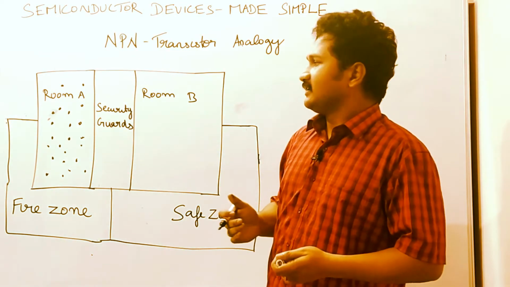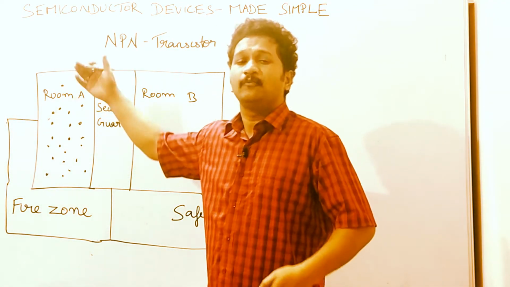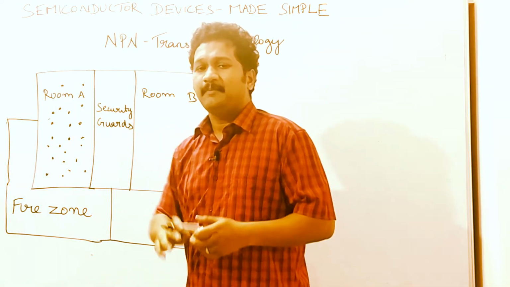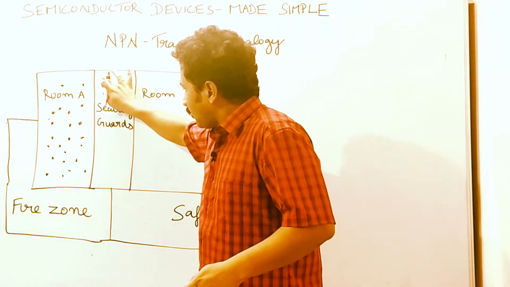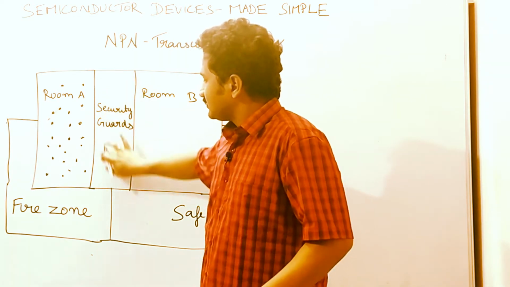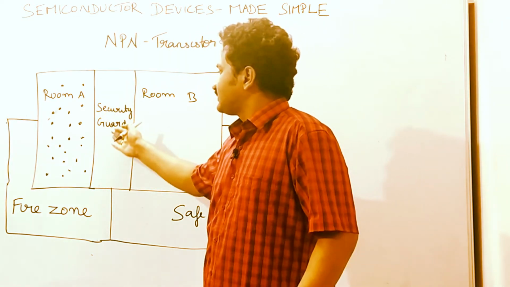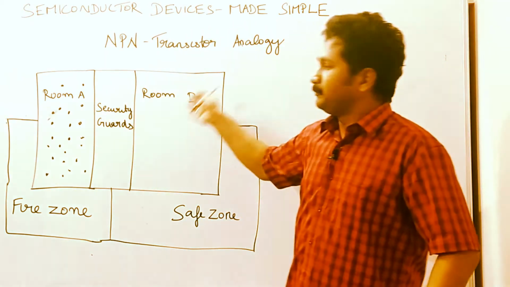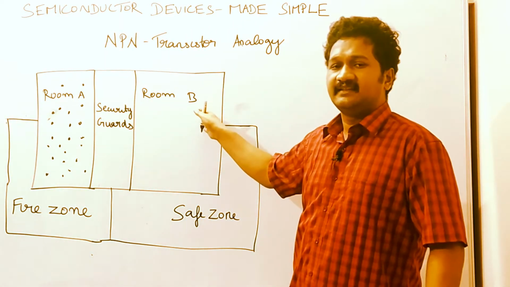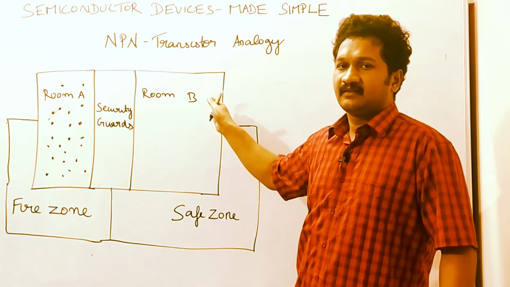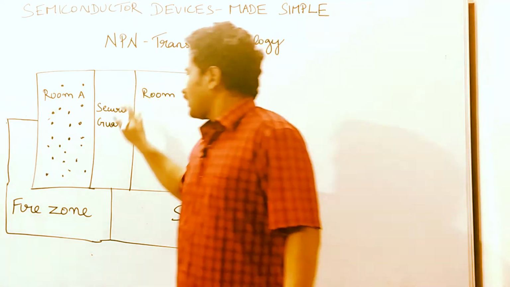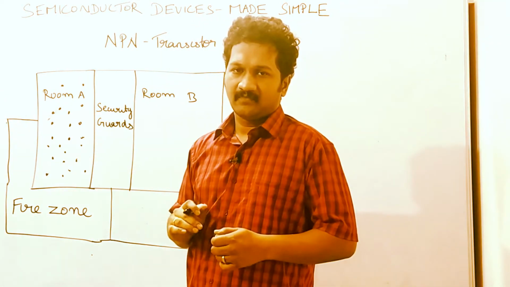At one point, this room could not contain more people. They are knocking on this door and asking the security guards to allow them into room B. They know that there is a room B in this building. So they want to move here, but the security guards are not easily allowing it.